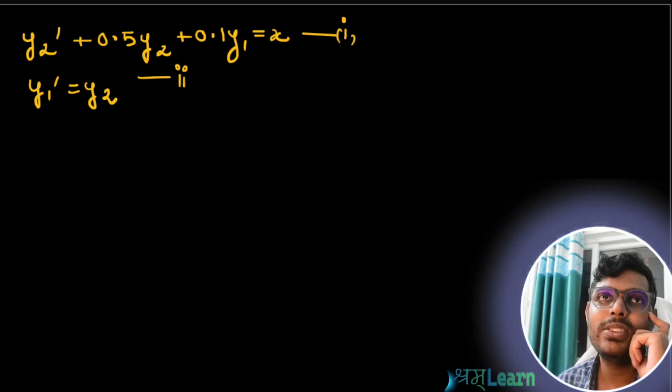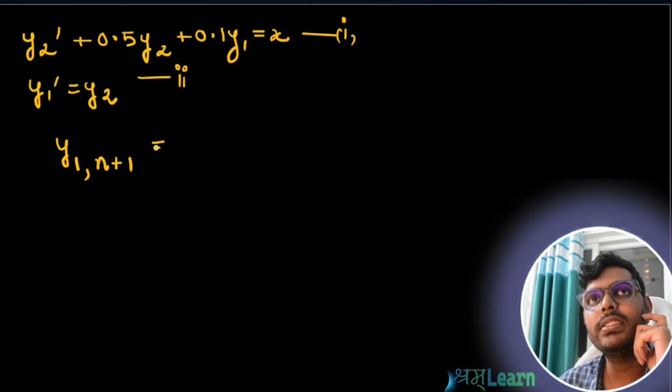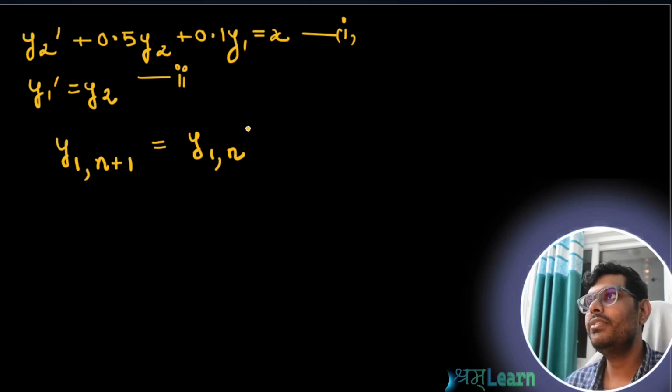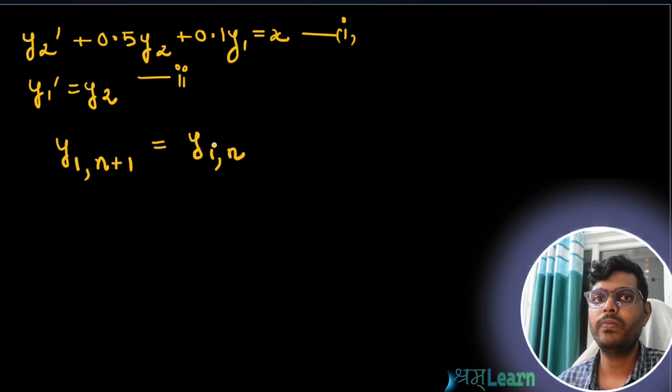Yes, so ठीक है, तो आप ऐसे सोचिए कि y1 फंक्शन के लिए y1 n plus 1 is equal to y1 n. Okay, so this is something we know. A function's next value is nothing but dependent on function's current value. ठीक है, ये तो हमें पता है.